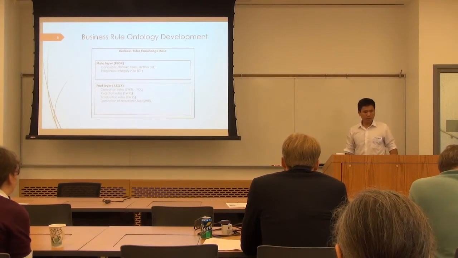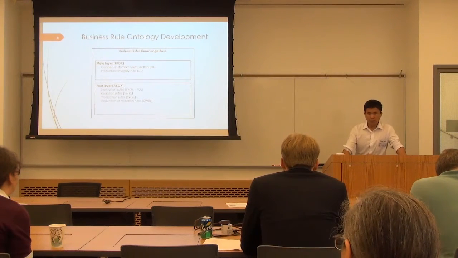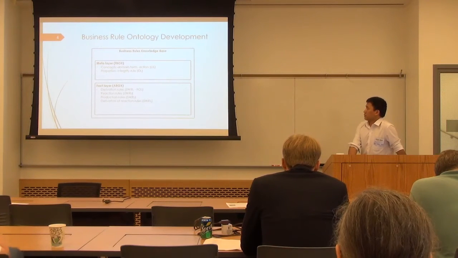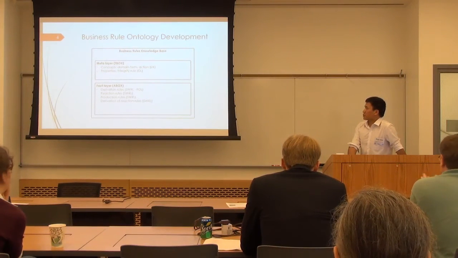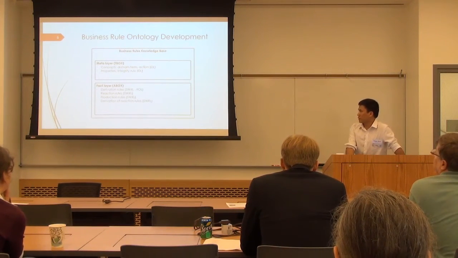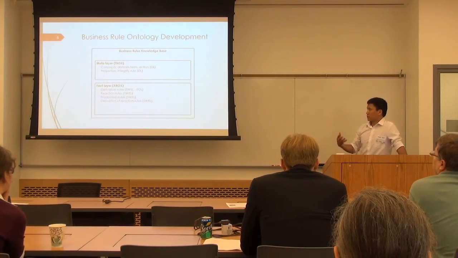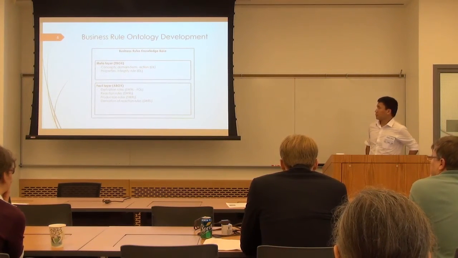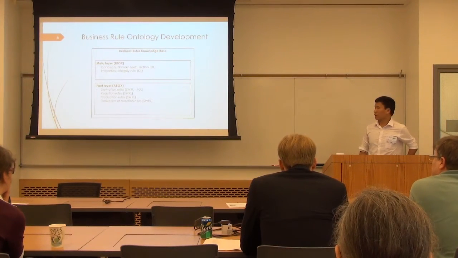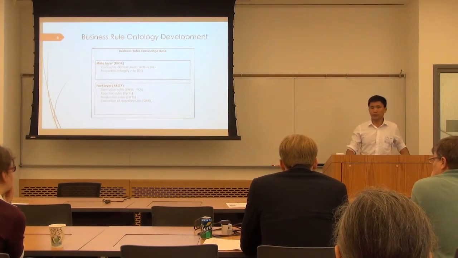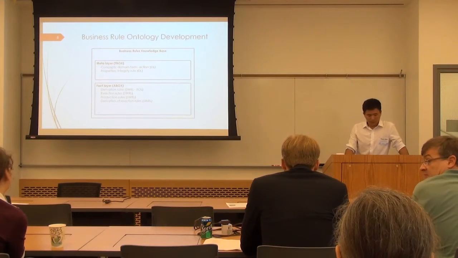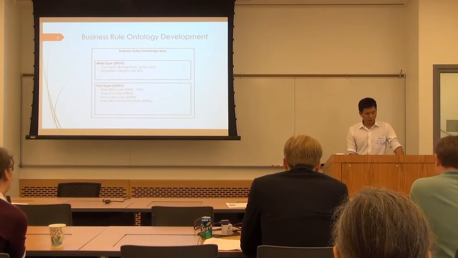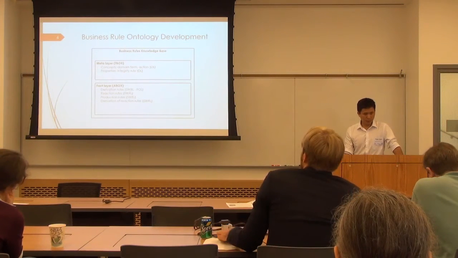The fact layer is the set of individuals. We define the derivation rule, reaction rule, production rule, and transformation rule. We use the Semantic Web Rule Language to define the five types of business rules. It's about the business rule development.